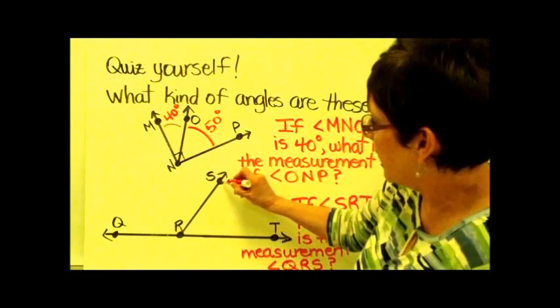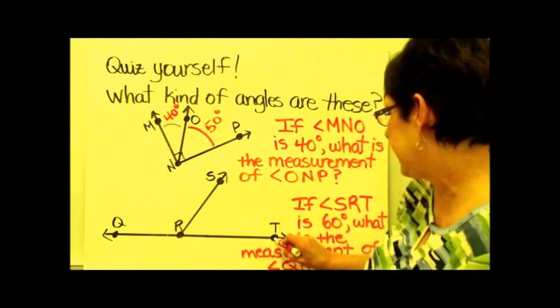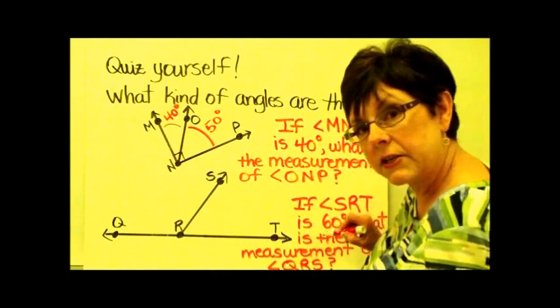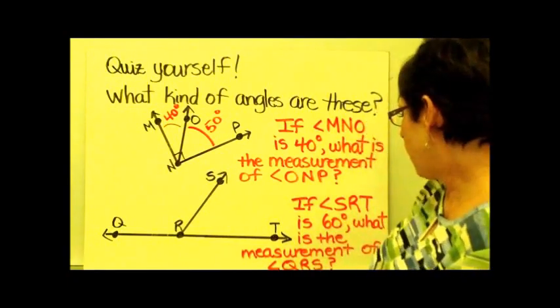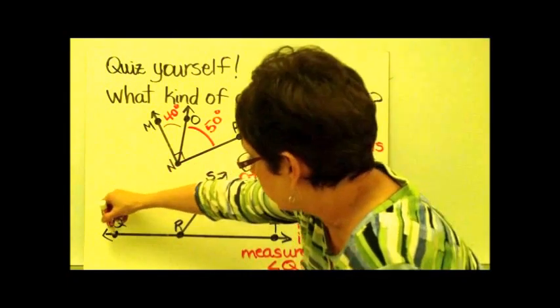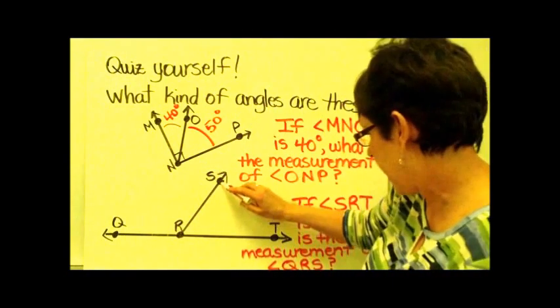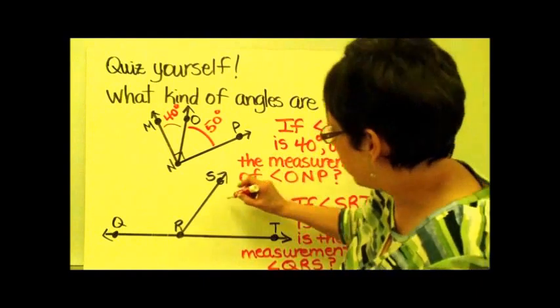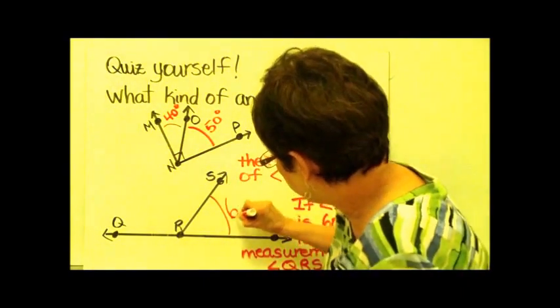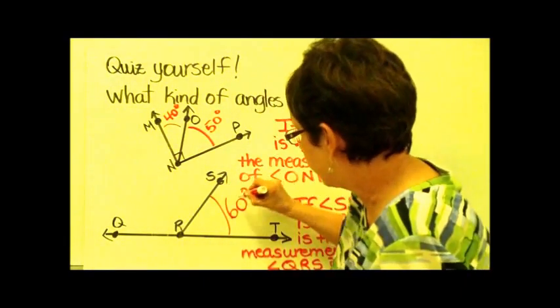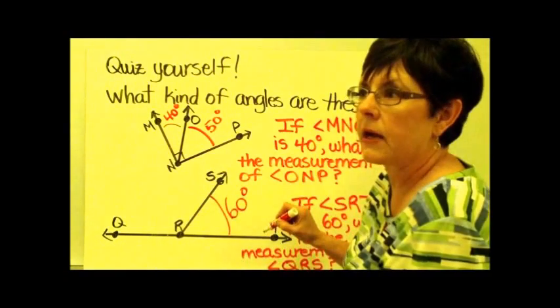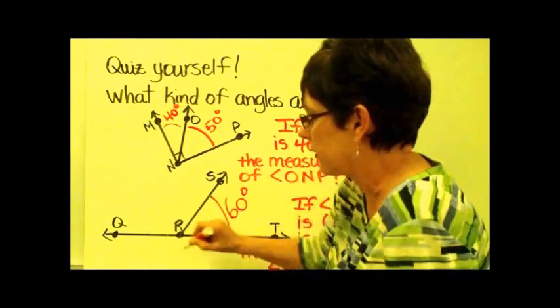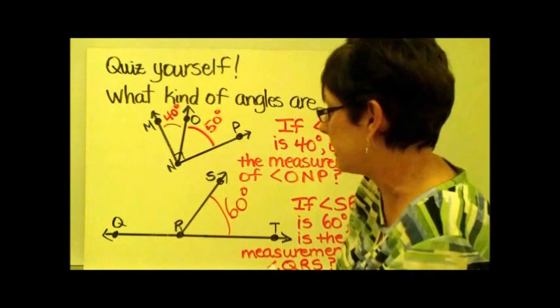If angle SRT measures 60 degrees, then what would be the measurement of angle QRS? All right. If this equals 60 degrees, we remember back that supplementary angles, because it's got a straight angle here, supplementary angles equal 180 degrees.